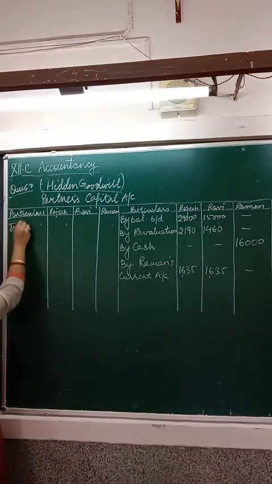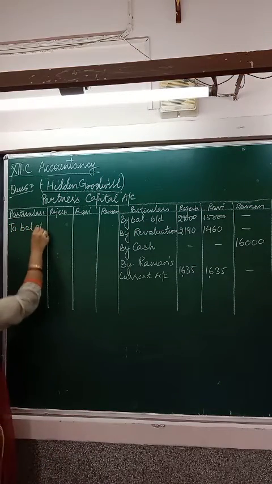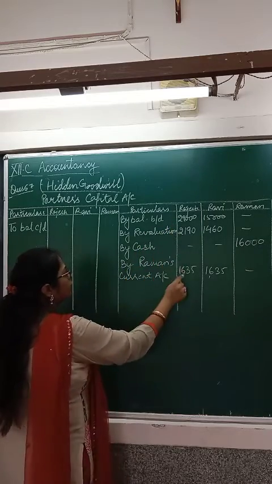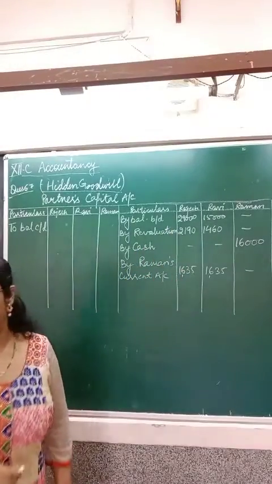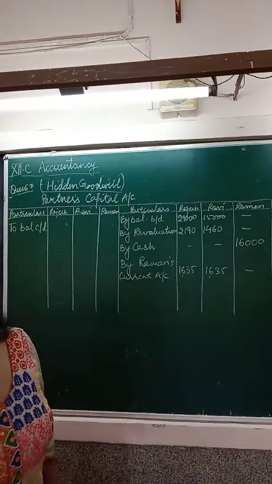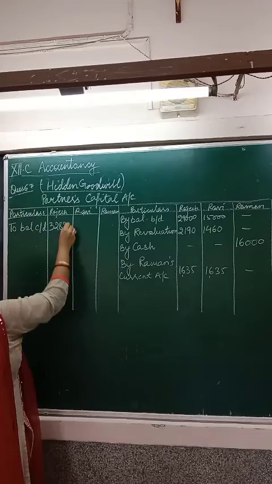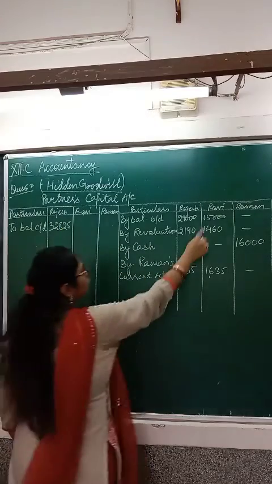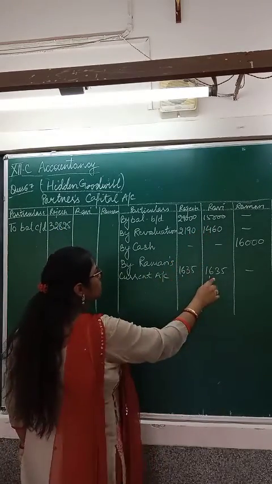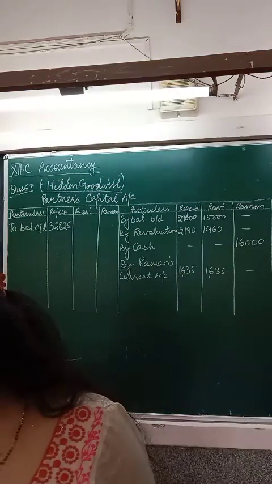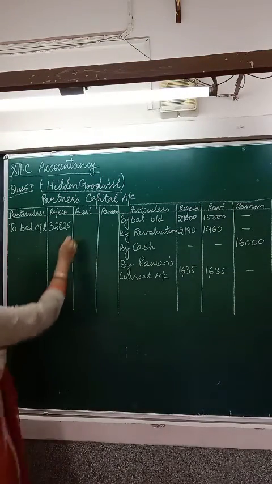Calculate the balance: 29,000 plus 2190 plus 1635 amounts to rupees 32,825. For this one, 15,000 plus 1460 plus 1635 amounts to rupees 18,090.